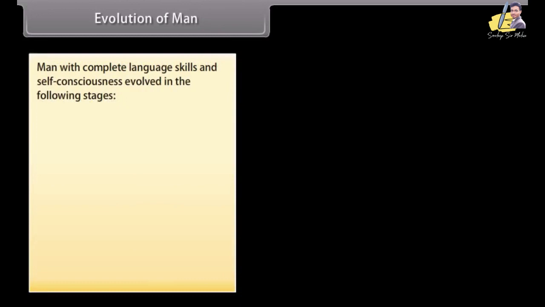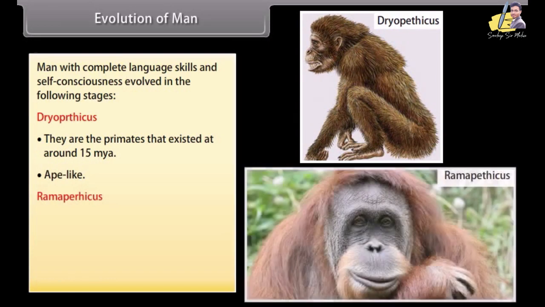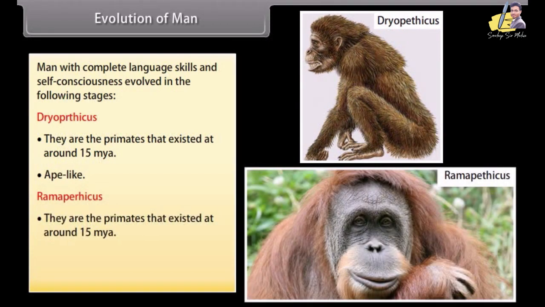Evolution of man. Man, with complete language skills and self-consciousness, evolved in the following stages. Dryopithecus are the primates that existed at around 15 million years ago. Ape-like. Ramapithecus are the primates that existed at around 15 million years ago.